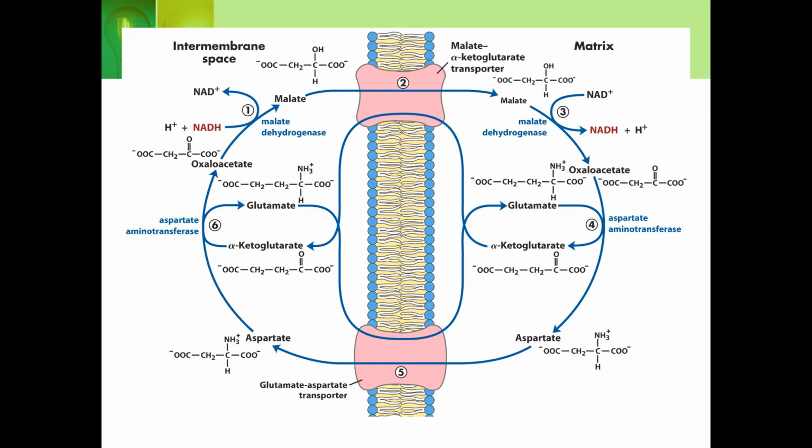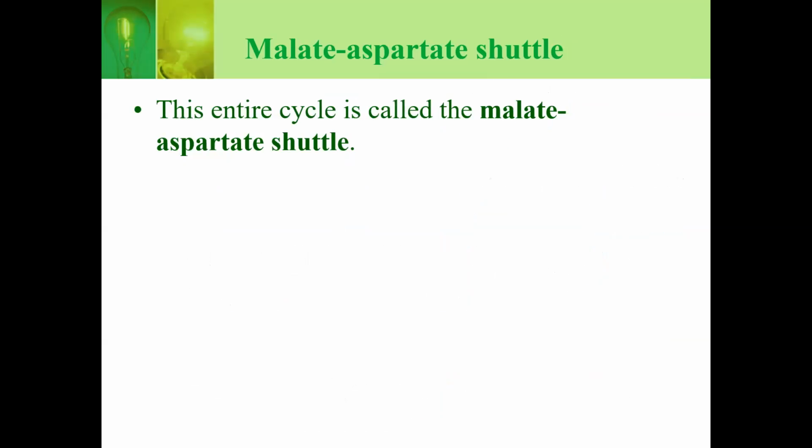And this is the one shuttle that, at least in animal cells, is definitely used most. It is definitely used a lot in fungal cells too. Plants do use it. Don't think you could say they use it as much as animal cells, but they do use it. So this particular shuttle we went through last time, hugely important for getting a reductant that is made via glycolysis out in the cytosol into the mix so that it can be used for the electron transport chain to make ATP. That's the malate aspartate shuttle.